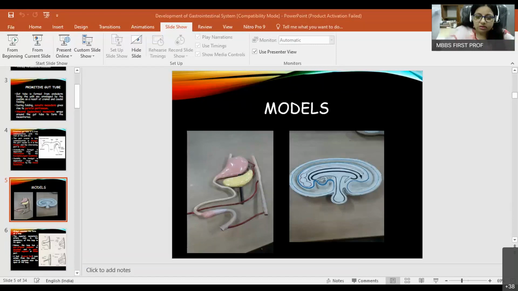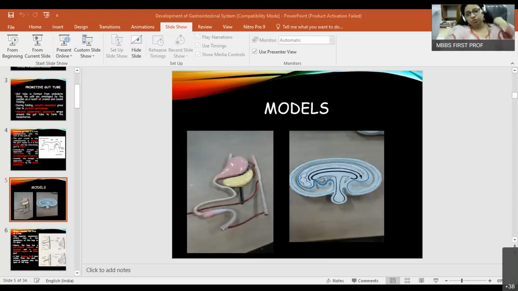Obviously, it is not possible to cover today the liver, pancreas, and extrahepatic biliary apparatus, but we'll talk about it in the next class, inshallah. So, we'll talk about the rotation of midgut and associated anomalies related to the development of GIT.